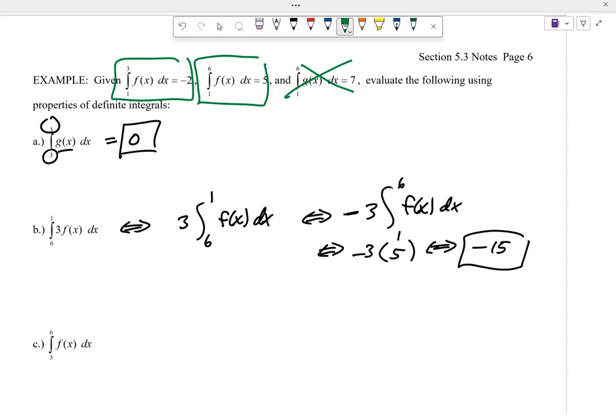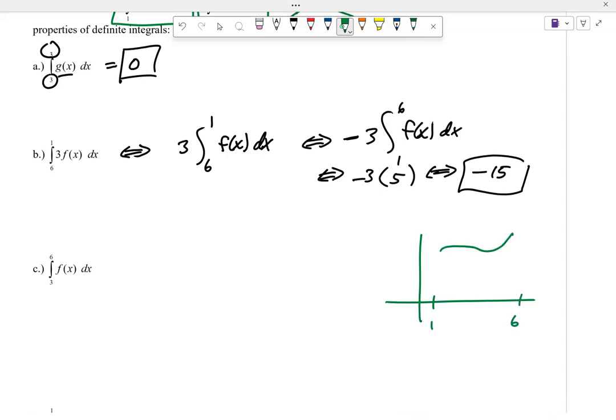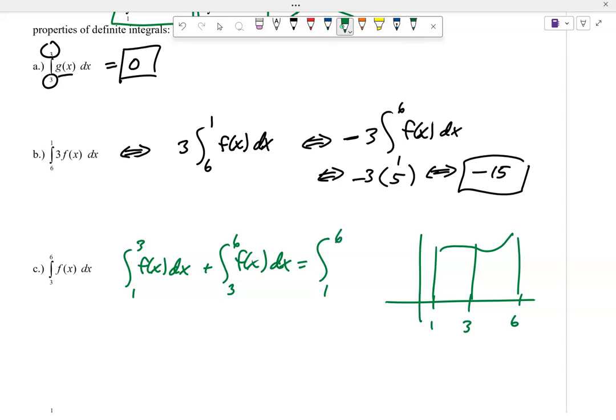So if you're thinking about this, remember if you're finding the area, if you go from 1 to 6, it's the same as from 1 to 3 plus 3 to 6. Okay? So that's what I would do on this one, is I would make the note, hey, if I go from 1 to 3 and then 3 to 6, that's the same as 1 to 6.